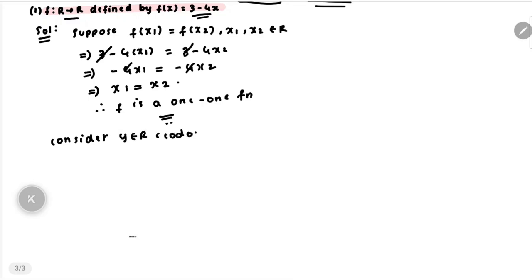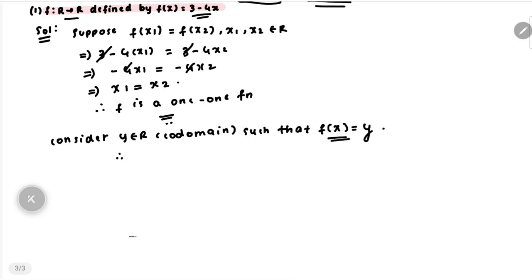If you don't write this, 1 mark will be deducted, so be careful. You have to write: consider y belongs to R, the codomain, such that f of x is equal to y. Okay, you have to write the step. Therefore f of x is equal to y. You have to take this condition.